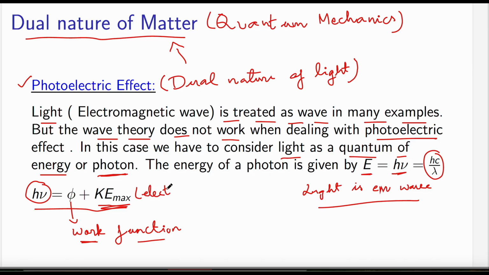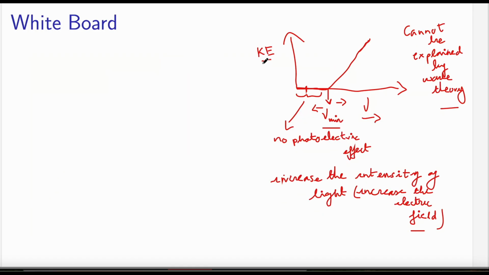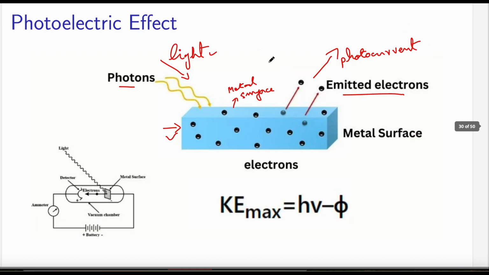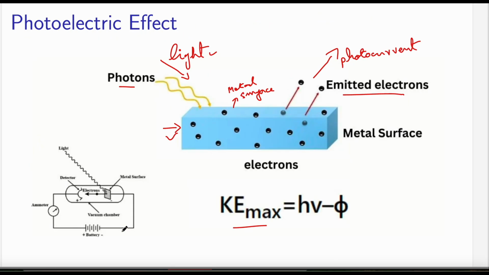And this is the kinetic energy of the electron that I was talking about here. Or you can say the kinetic energy is h nu minus phi.